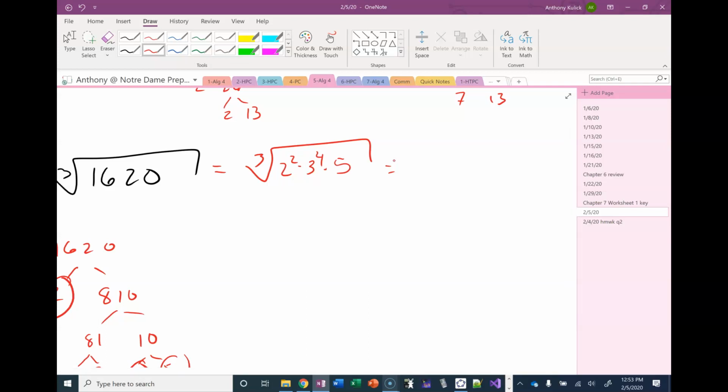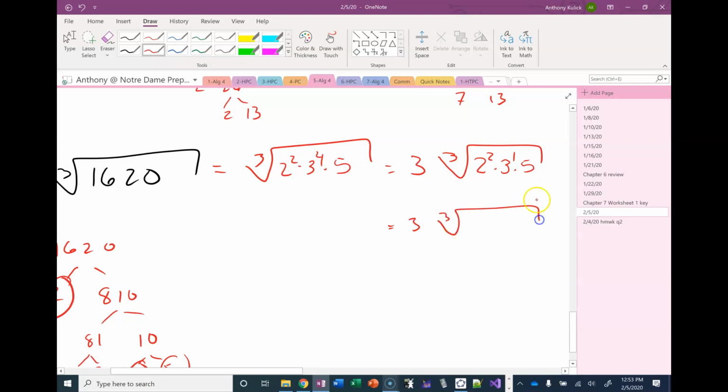I have 2 2s, that's not enough to do anything with. I have 4 3s, so I can get a 3 out of there. That leaves me with 1 3 left. And I have 1 5, and that's not enough to do anything with either. And so the last thing I would do is just multiply this stuff together. So 2 squared is 4, times 3 is 12, times 5 is 60.